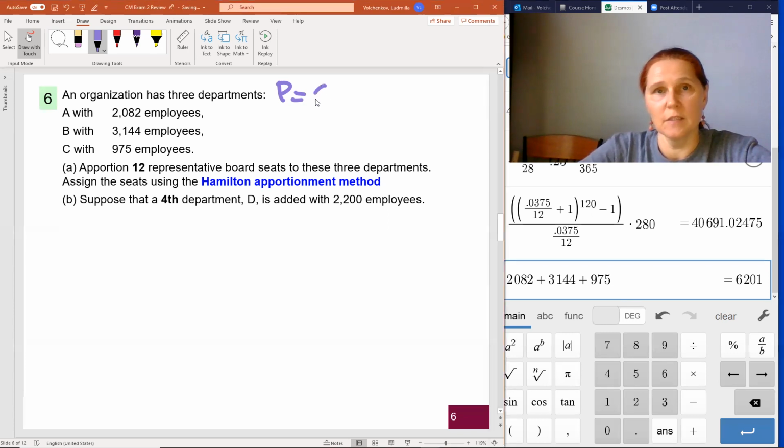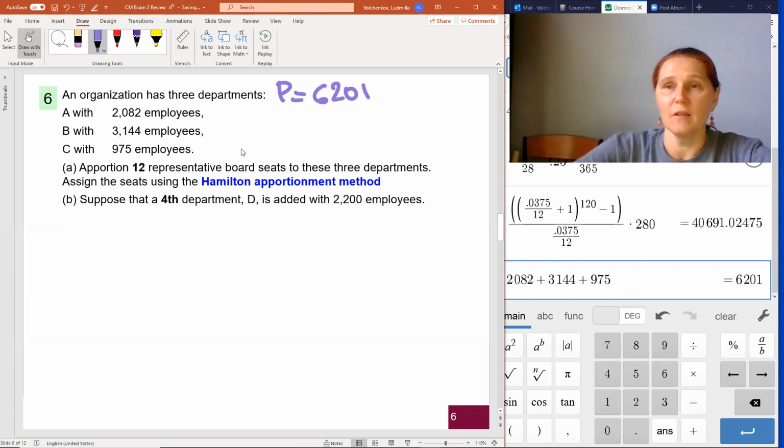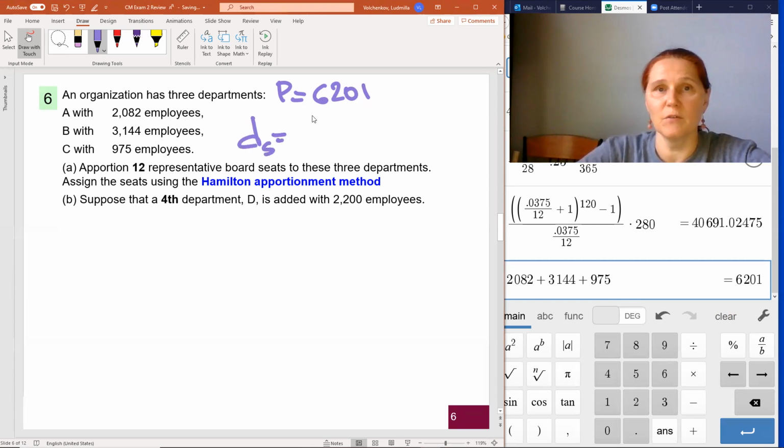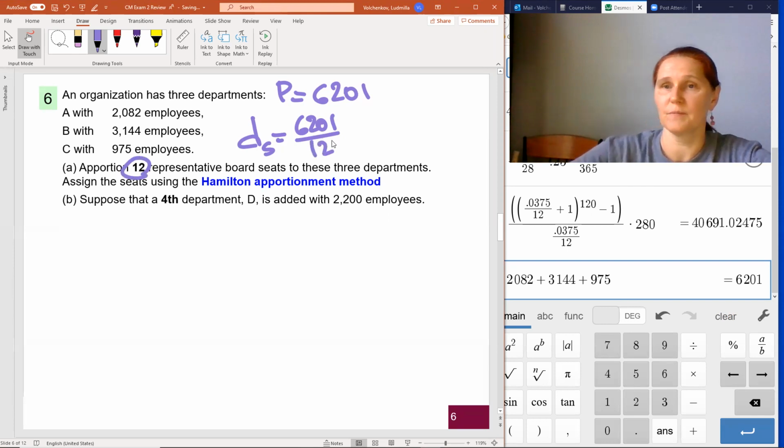It is 6,201. And then we find the standard divisor by dividing 6201 by the number of representatives to apportion, 12.